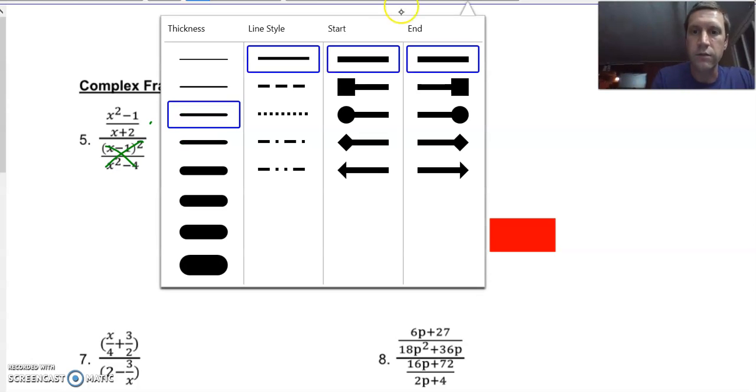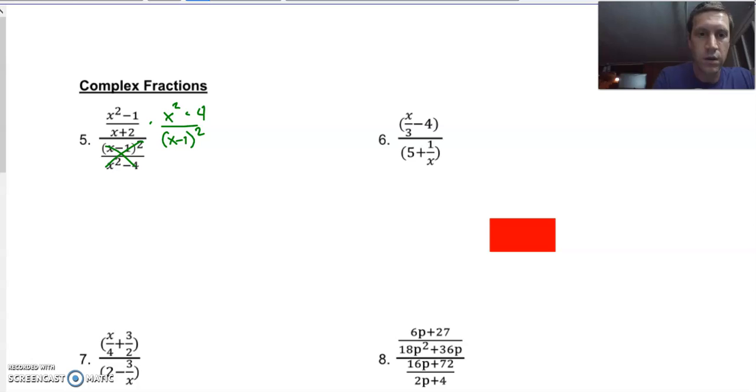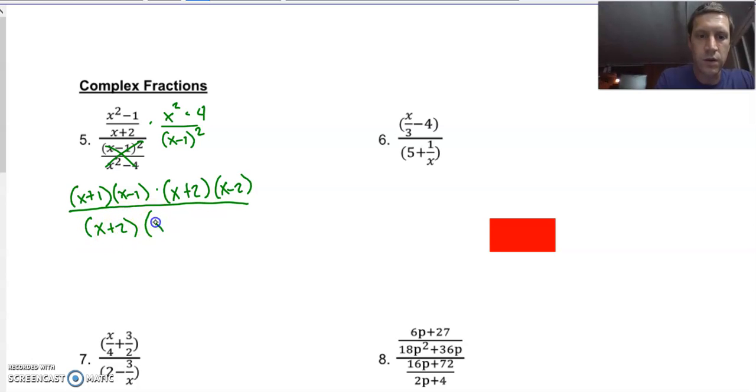So I'll rewrite it: x plus 1, x minus 1, times x plus 2, x minus 2, all over x plus 2, x minus 1 squared, so I'll write that twice.